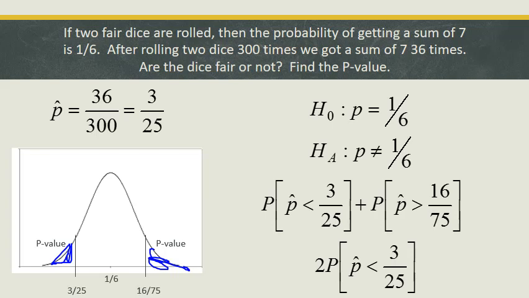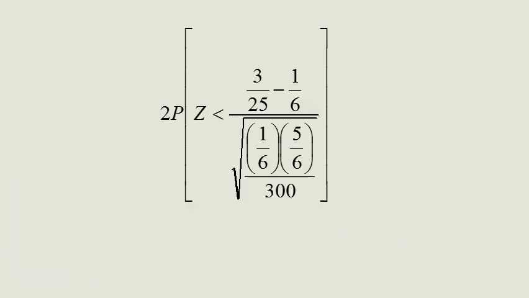You can verify that 16 over 75 is an equal distance above the center of the distribution, but it's not actually important since I'm going to use symmetry. I'm just going to find the area in the left tail and multiply it by 2 to find the p-value. Create z by subtracting p and dividing by the SD.